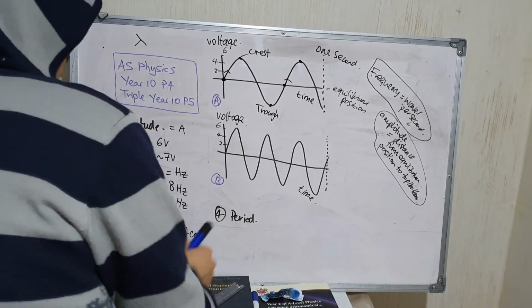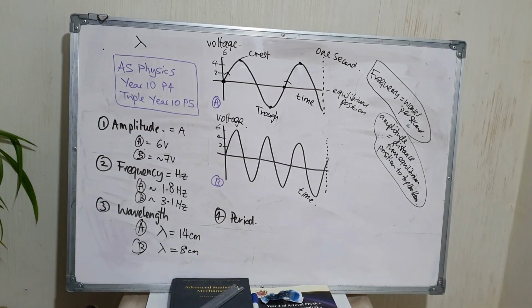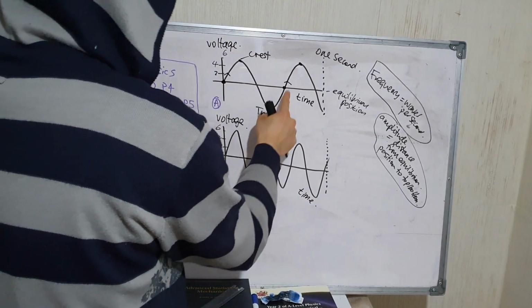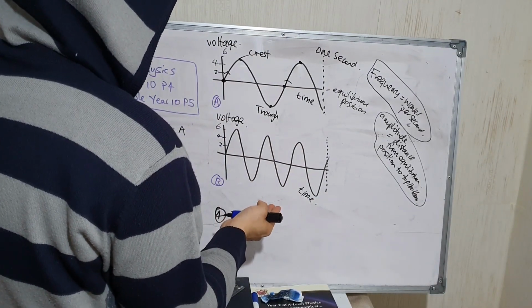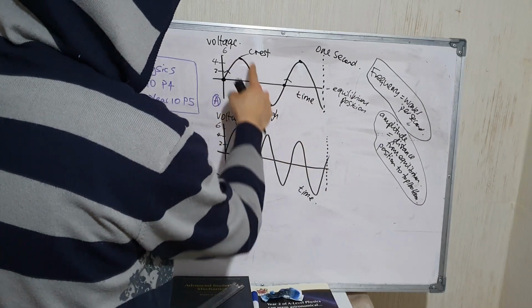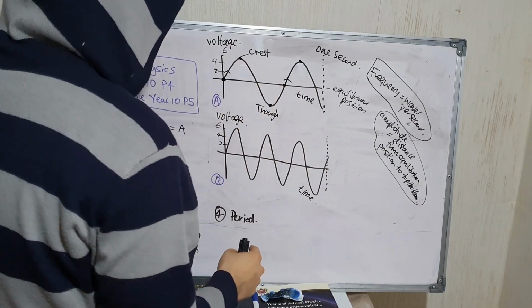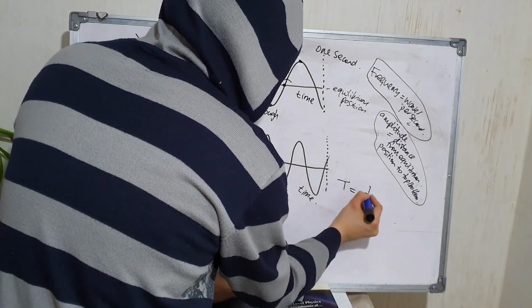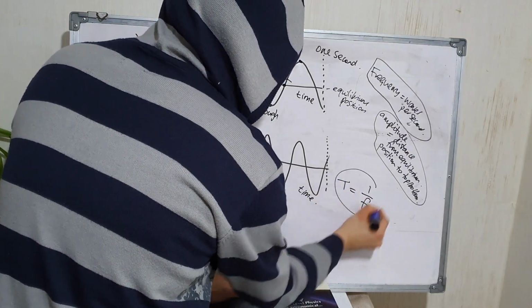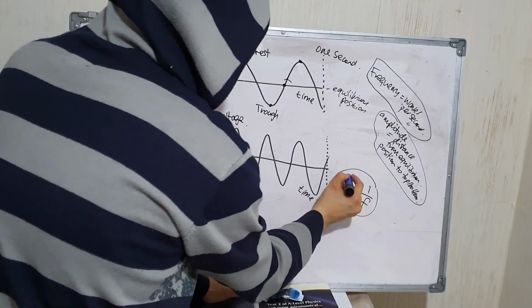Now, the period is how many seconds it takes for one wave. One wave is obviously going to be less than 1 second, because 1 second is here. Now the equation for period is T equals 1 over f. So the period is equal to 1 over the frequency.